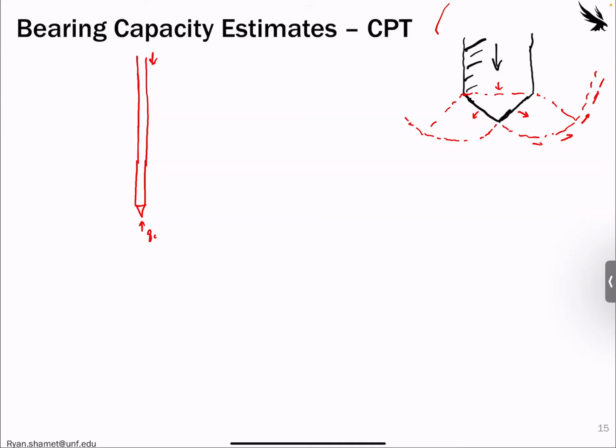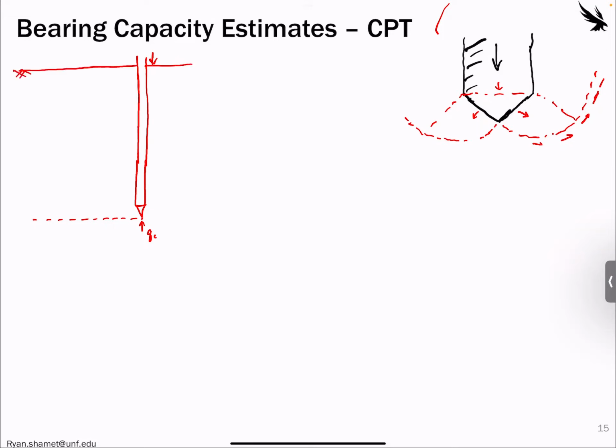And what we would do is, at the depth at which we care about, we would have to take the average tip resistance over a certain value. Depending on the width of the footing, so let's say this is the ground surface here.